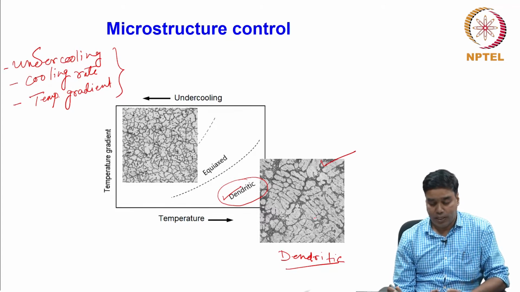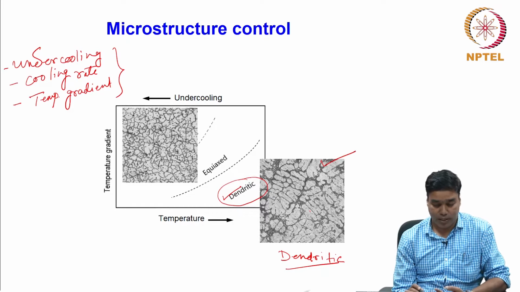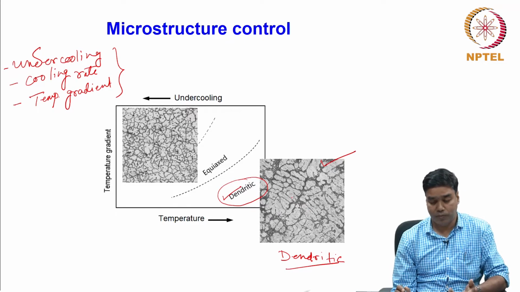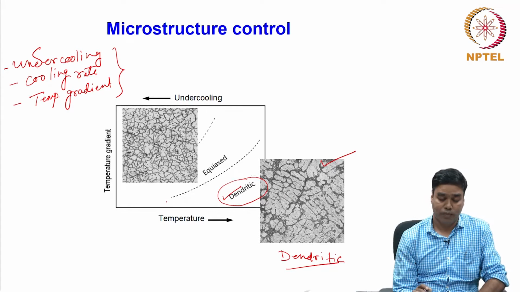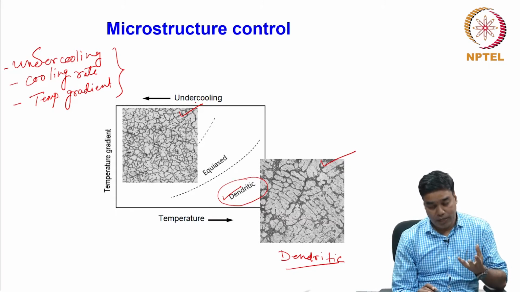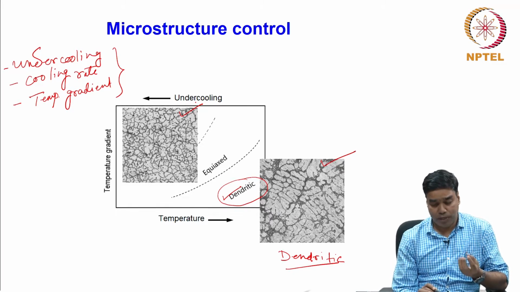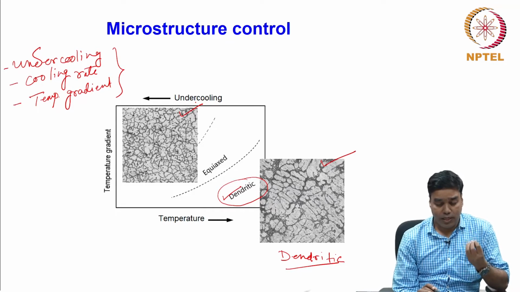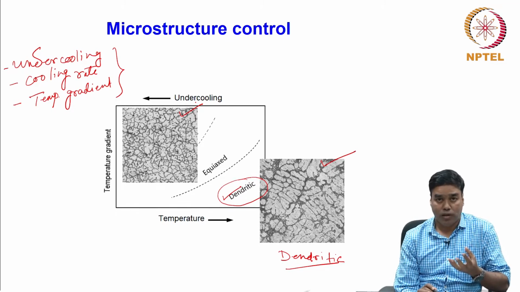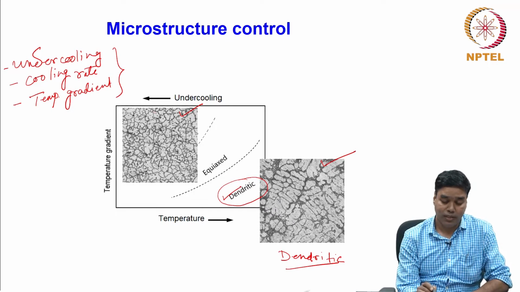Now, if you increase this undercooling or the temperature gradient, then we have seen that this dendritic microstructure will shift to an equiaxed microstructure, which is here. Okay. So, an equiaxed microstructure is nothing but an internal structure of the material where the grains are more or less globular, as you can see over here, right. These are the grains.